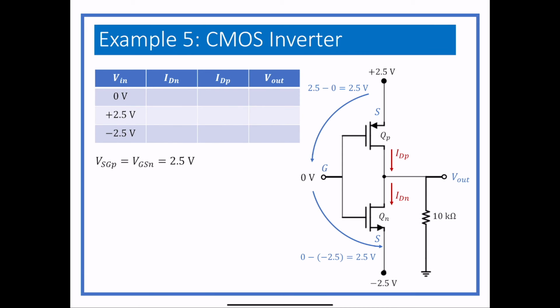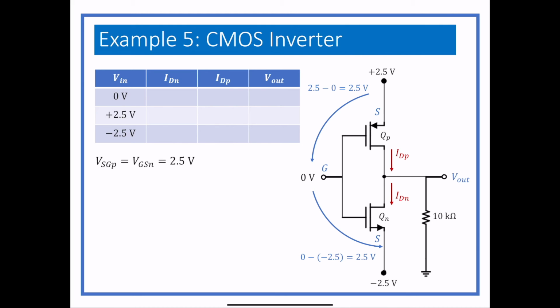So basically both of those values are equal. VSG and VGS are going to be the same. And that means that the drain current for both is going to be the same, which is kind of obvious because they're connected together. It doesn't have to be that way, but it is that way for that particular voltage.